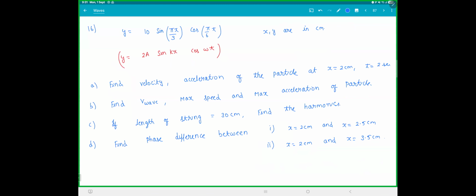What about part D? Think about that. I'll give you a minute. Find the phase difference between 2 and 2.5, and between 2 and 3.5.